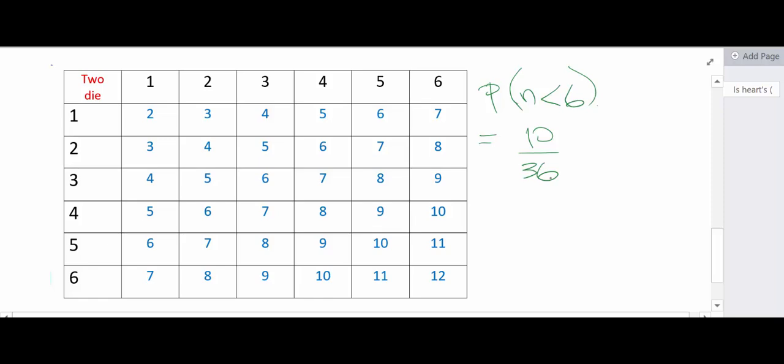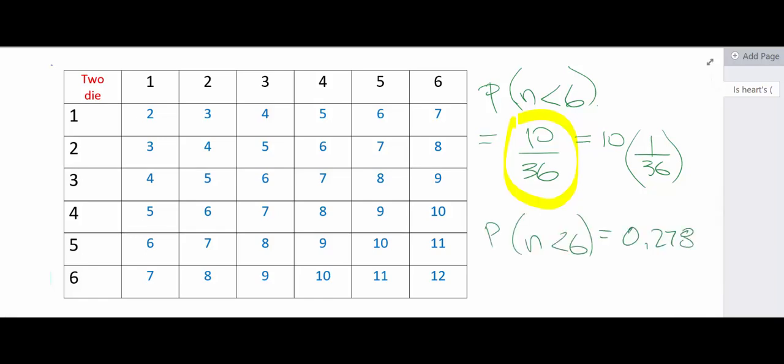There are 10 possibilities, and each possibility has a 1 in 36 probability. So 10 times 1 is 10. That's how I came up with that. So what does that reduce to? The probability the sum of two dice can be less than 6 is 0.278, or 27.8%.